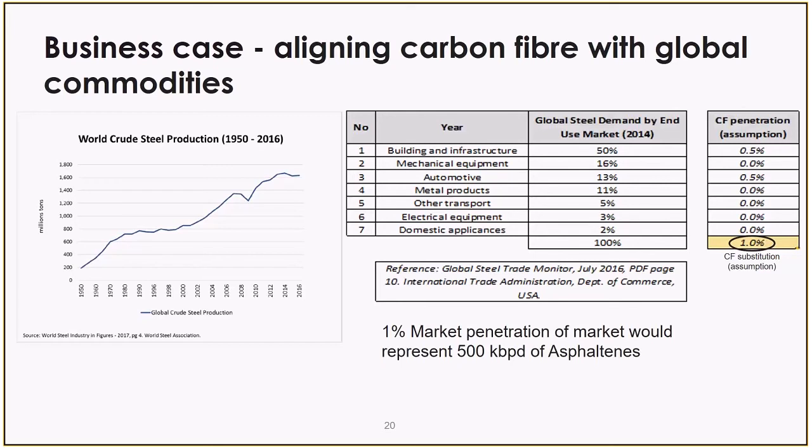So building and infrastructure, 50% of that market, mechanical equipment, 16% of that market, and automotive, as I mentioned earlier, 13%. So you can see on those top three, 80%, that accounts for 80% of the global steel market. We feel the carbon fiber products can start to replace those steel components in an absolutely huge market.